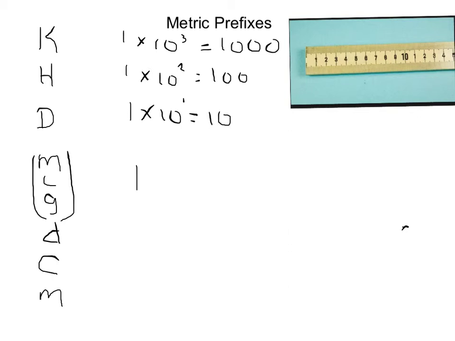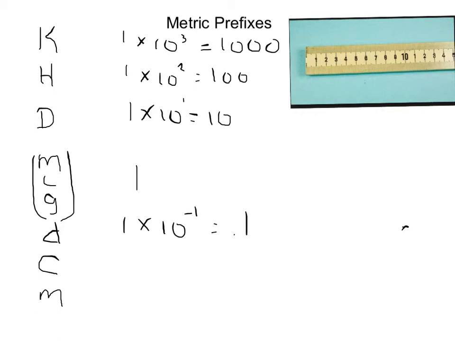1 decimeter. We said that a decimeter is this length right here, 1/10 of a meter. We're going to write this as 1 times 10 to the negative 1. And that looks like 0.1 meter. So 1 decimeter is 0.1 meters.